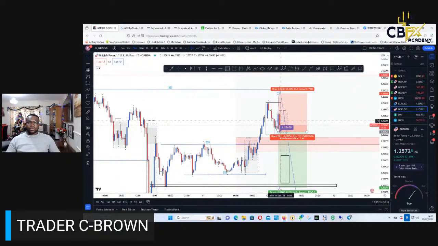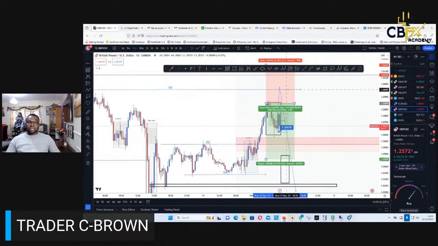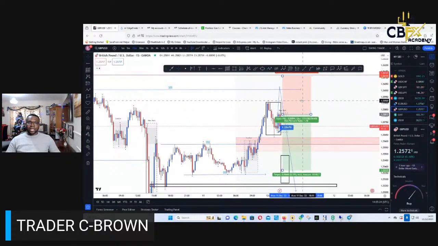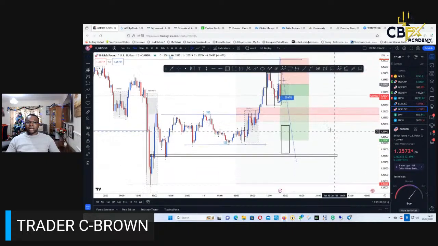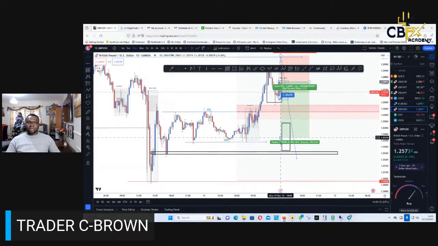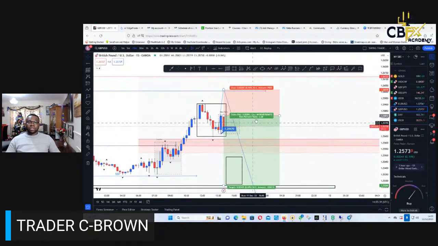So we want price to come break out this high, give us a candle that will do that, maybe around here, and then we'll be able to have a stop loss around here and target this zone around here, about 50 pips, and that would be beautiful. That's what I'm looking forward to.